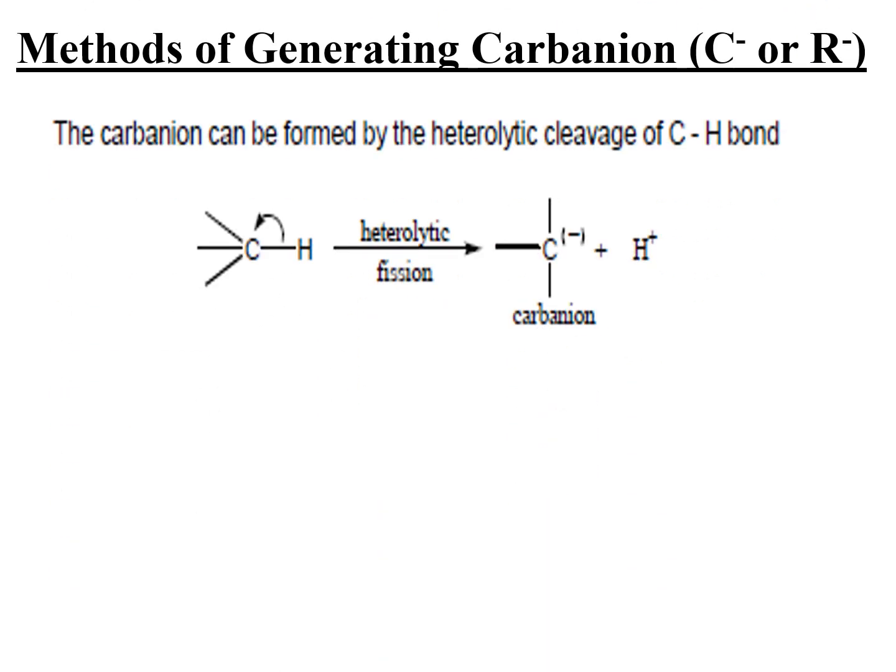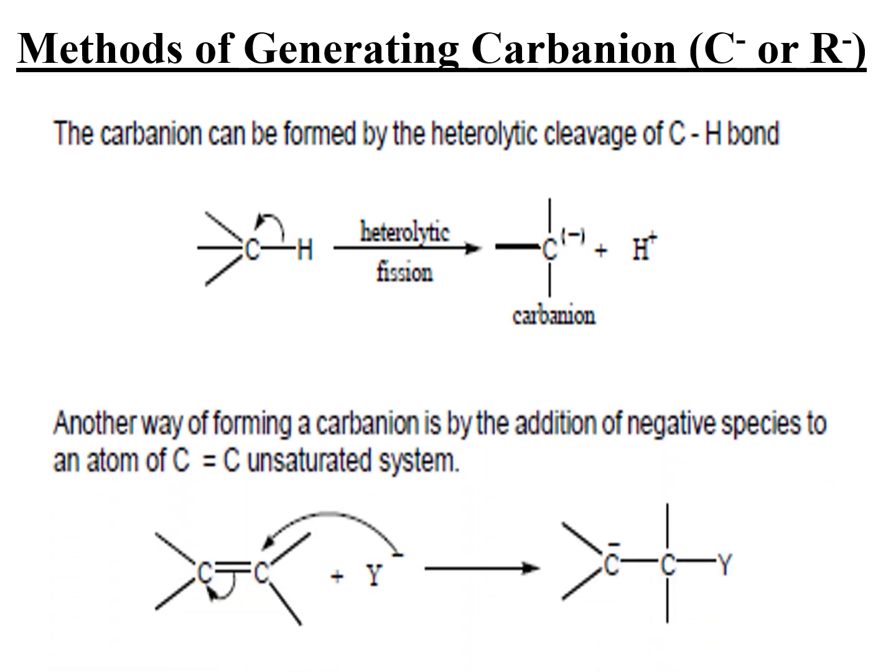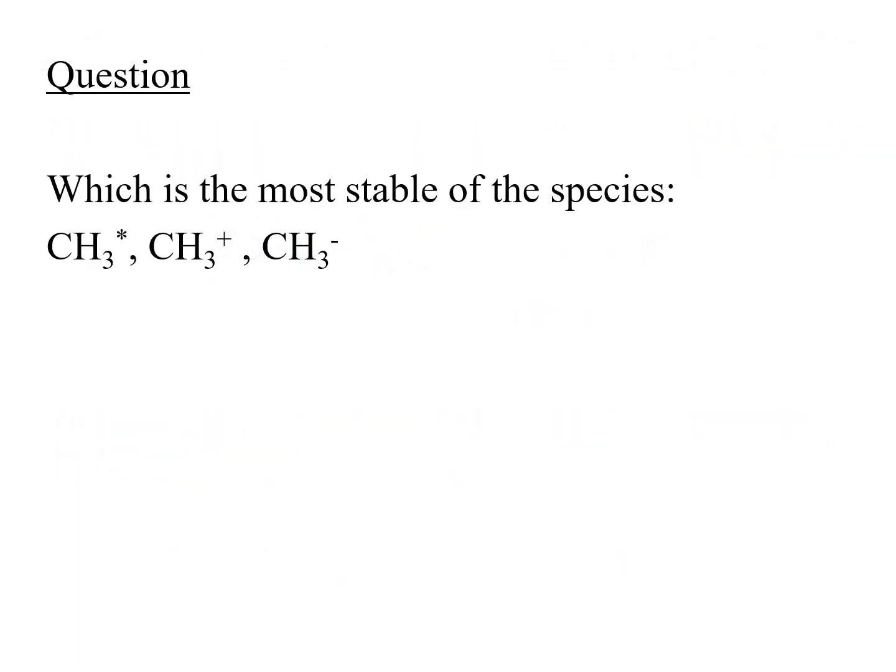Anions are formed, just like we did with cations, by heterolytic fission and by addition of negative species to unsaturated compounds. From what we've done so far, what is the most stable of the species? It is evident that the most stable is the carbanion because it has higher electron density.